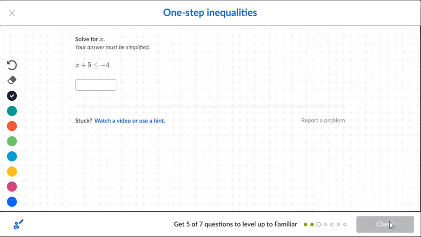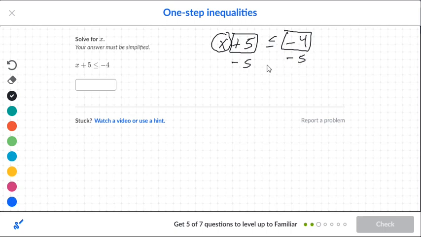Okay, next question. We've got x plus 5, an inequality sign, negative 4. Circle your letters, box your numbers. So here we've got to get rid of the plus 5. We're going to move that, so that becomes a negative 5.